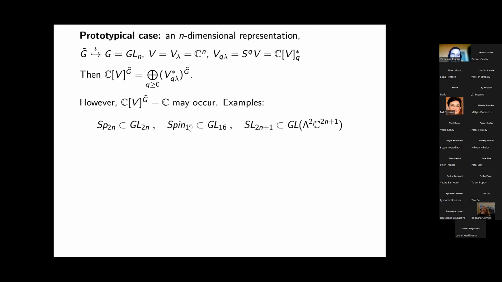Lower spins do have invariance. Well, except spin 2. And here is another one: odd dimensional SL in its second fundamental representation, so the two-vectors. This lambda is an exterior power, not the lattice.